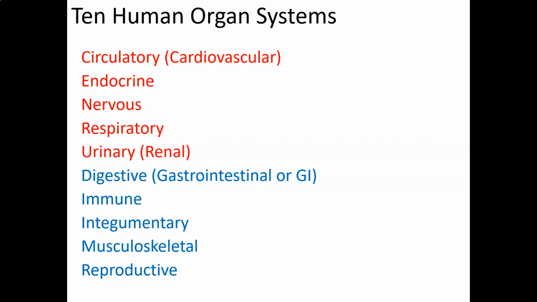So on the slide, you can see that we have 5 listed here in red and 5 listed here in blue. The first 5, the circulatory, endocrine, nervous, respiratory, and urinary, or renal, we're going to spend a little bit of time on this semester.